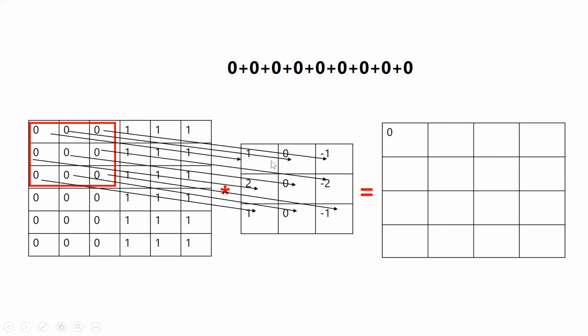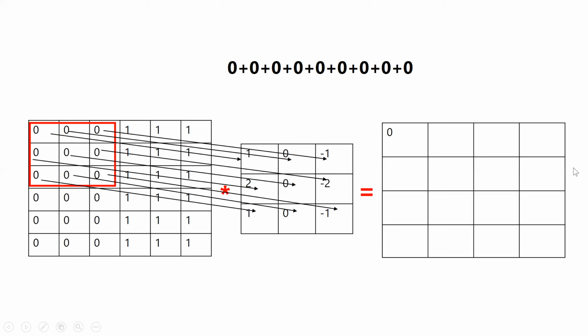0 into 1, 0. Plus, then we take this value, 0 into 0, 0. And again 0 into minus 1, 0. This 3 value becomes 0. The same applies for the second row as well. 0 into 2, 0. 0 into 0, again it's 0. 0 into minus 2, again it's 0.